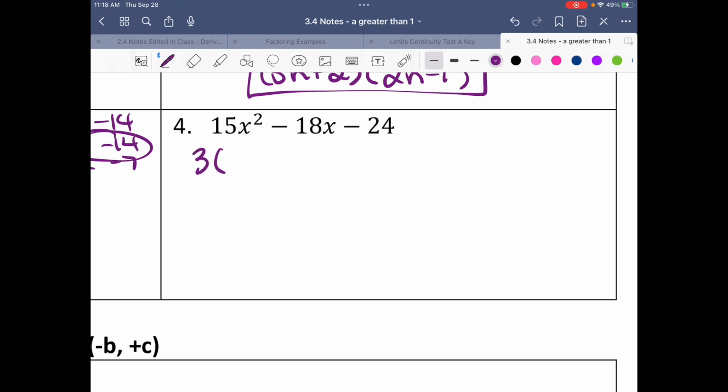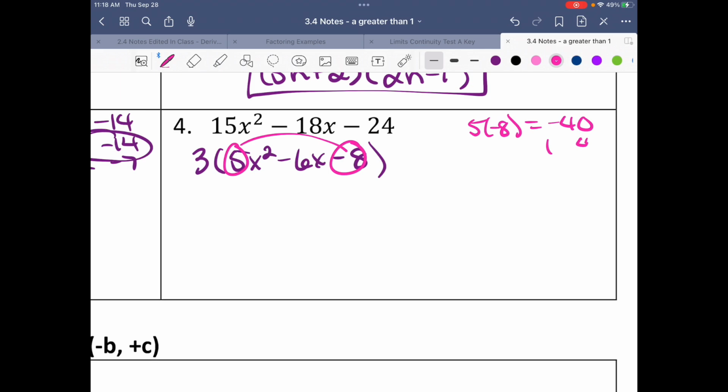Example 4, GCF on this one: 15, 18, and 24 have a common factor of 3. So for the moment, I'm going to ignore that GCF. We're going to pretend like it's not there and just concentrate on the 5 and the negative 8, multiply those two together. Factor pairs.